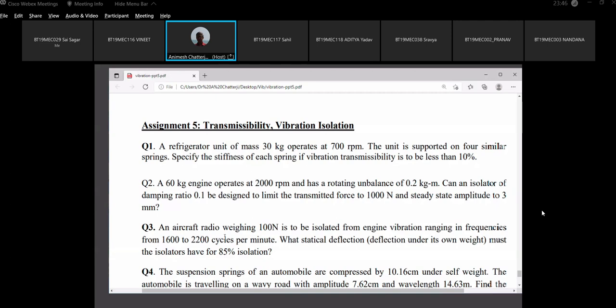Okay, all of you look at question number 3. Try to understand question number 3.